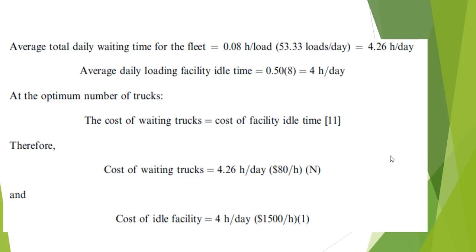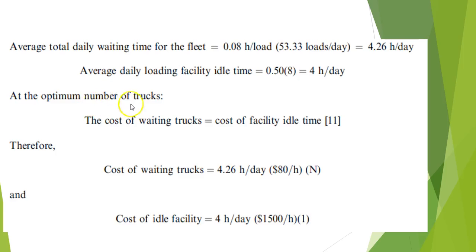And then we can go ahead and calculate the average total daily waiting time for the fleet, which comes out to be 4.26 hours per day. And the average daily loading facility idle time, 4 hours a day. So you see that the plant is going to be sitting idle half a day.